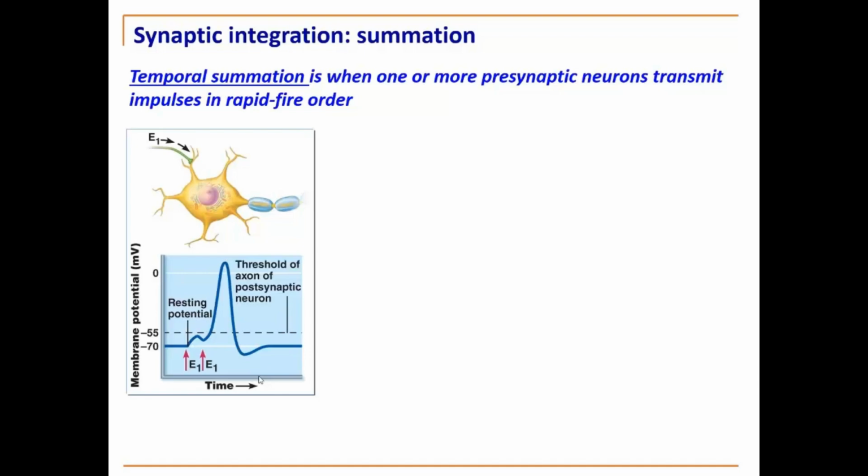I talked a little bit about summation earlier. Temporal summation is when one or more presynaptic neurons transmit impulses in rapid fire. In other words, we're getting lots of signal coming in from a single presynaptic neuron, and this is where you get summation of your EPSPs to bring to threshold.